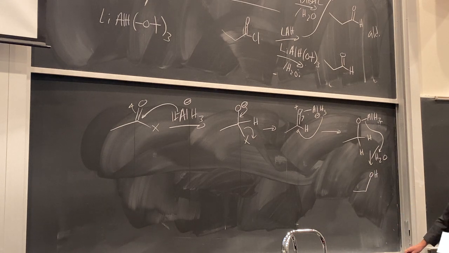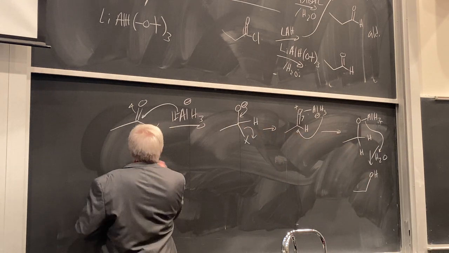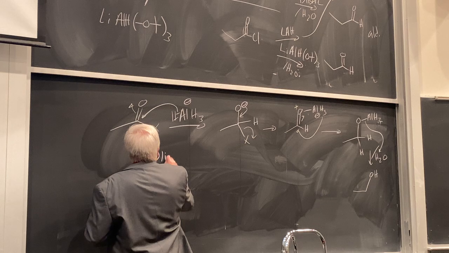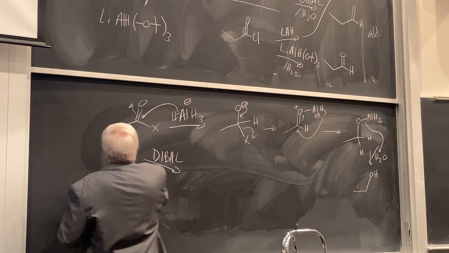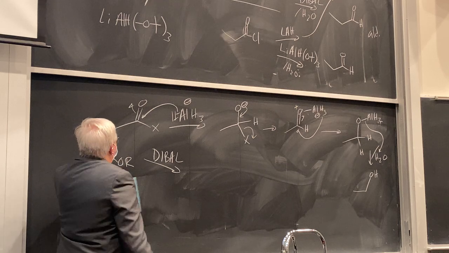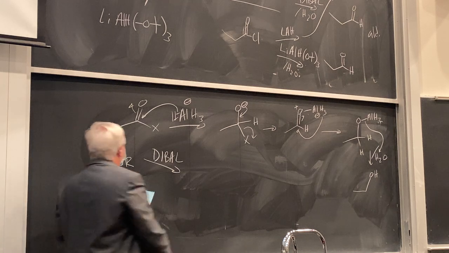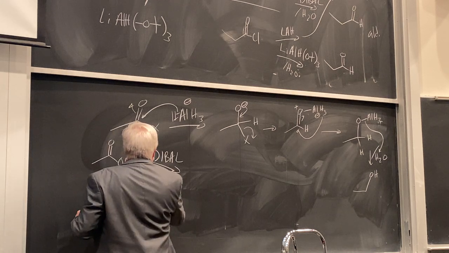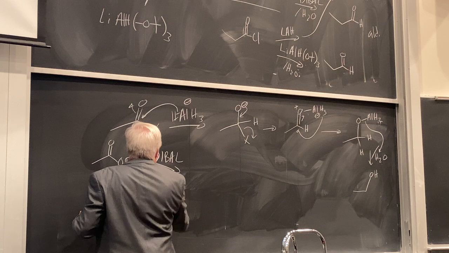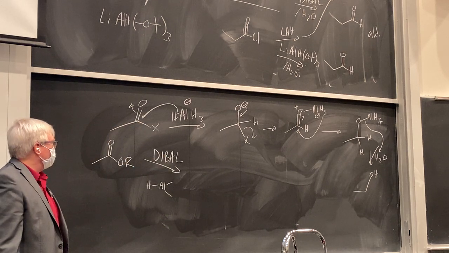Okay. Now with DIBAL, it's a little bit different. With DIBAL, and that's specific for which one did we say? With esters, okay? So let's maybe have an ester here, okay? And DIBAL, you know, has the aluminum, and it has the two isobutyl groups on there.